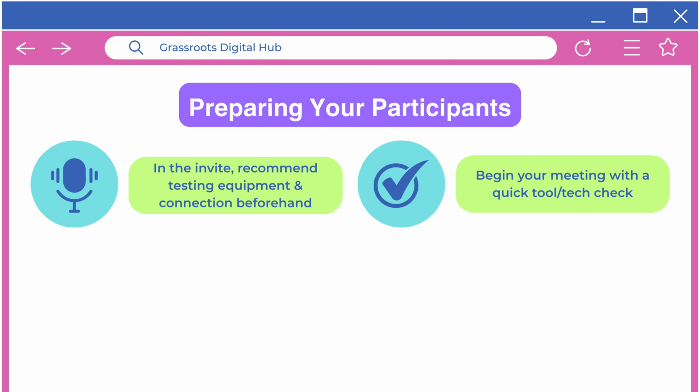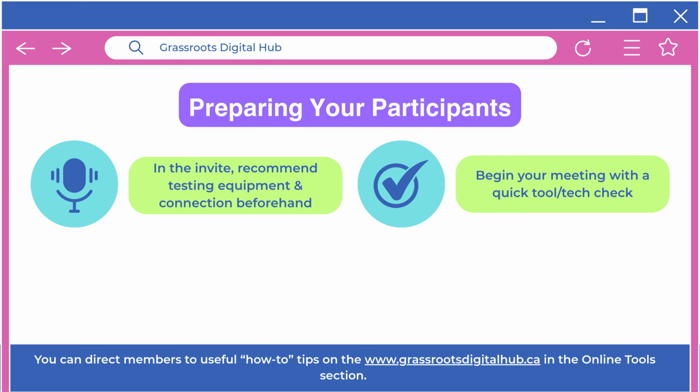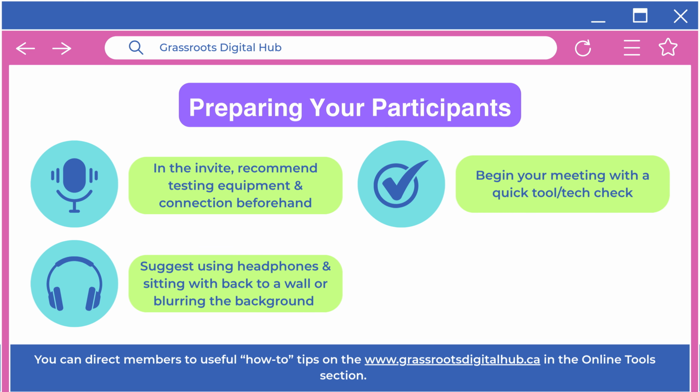2. You may want to begin your meeting with a tool or tech check-in to make sure everyone is well connected and ready to work. You can direct members to useful how-to tips on the www.grassrootsdigitalhub.ca in the online tools section. 3.